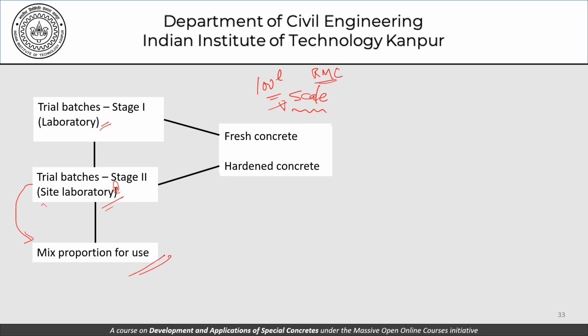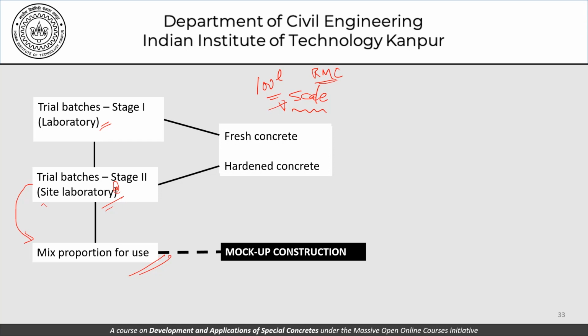So once the first cut of proportions is made available through laboratory tests, then it goes to the RMC plant, from where the concrete should be manufactured, tested, found to be okay and used. Having said that, that may not be enough unless we do what is called a mock-up construction.